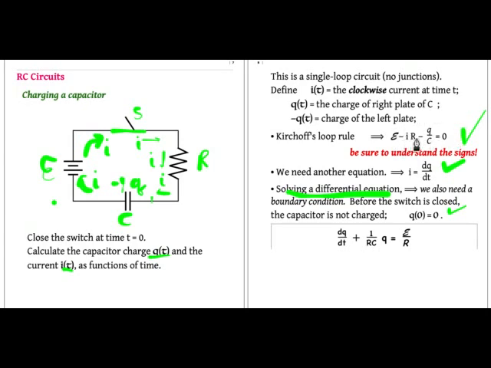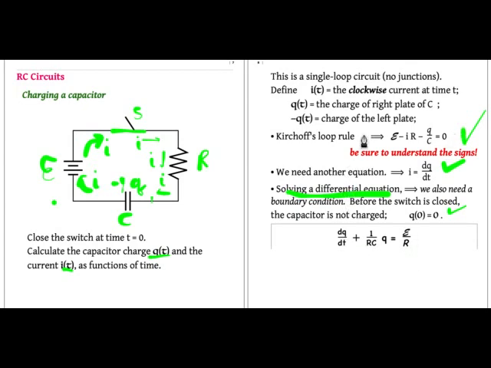So we have IR. Let's divide through by R. So we have I, that's dQ/dt, plus Q over C divided by R, which is plus 1 over RC times Q, equal to minus E. I change the sign, so that's plus E divided by R.